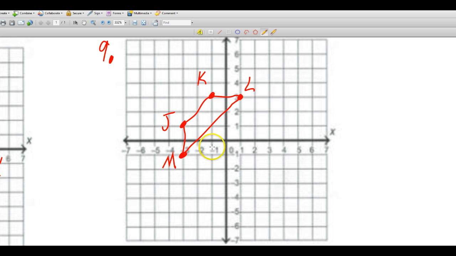So here's our pre-image. And to reflect in the line y equals x, the rule is (x, y) will map onto (y, x). So we just flip-flop our coordinates. For example, for L, instead of (1, 3), we'd now be at (3, 1). For K, instead of (-1, 3), we're now at (3, -1).